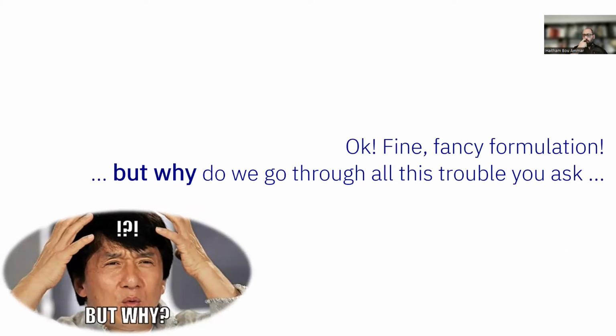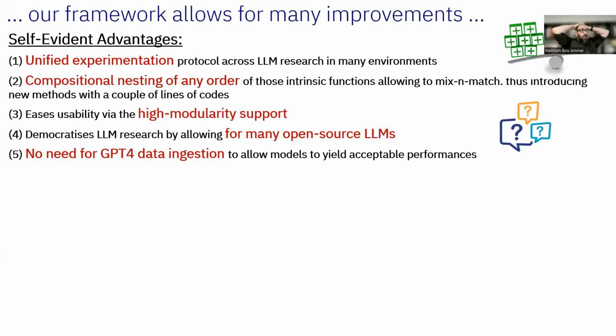You might say now, okay, fine, great, you can do that. But is this just a fancy formulation? Why do you go through all this trouble to start with? Well, first of all, there are a set of self-evident improvements. One is that we can now have, with a small change of code, a unified experimentation protocol across many large language model research and environments.